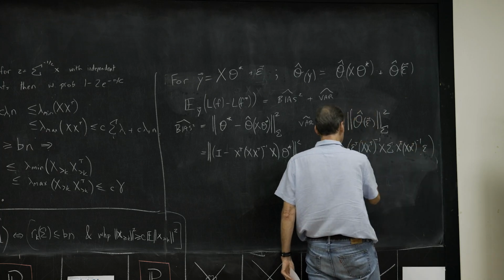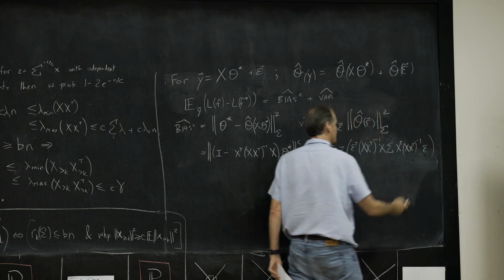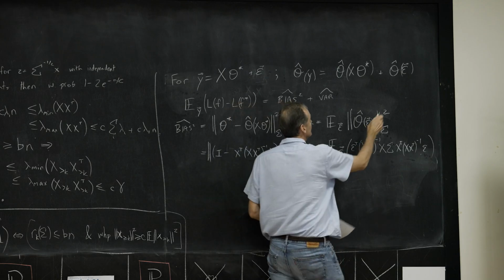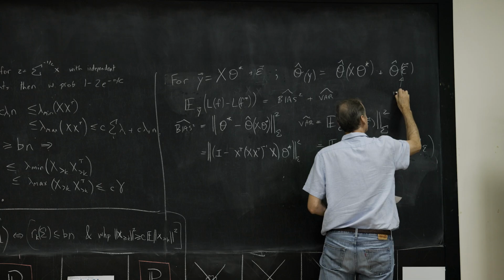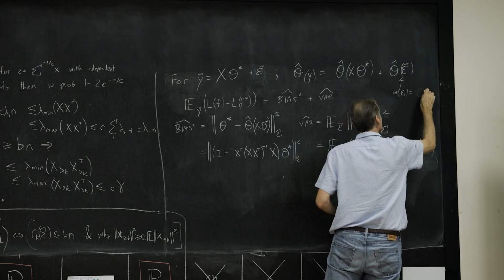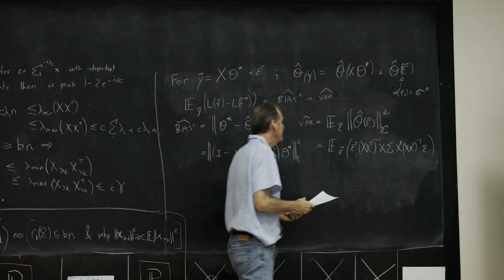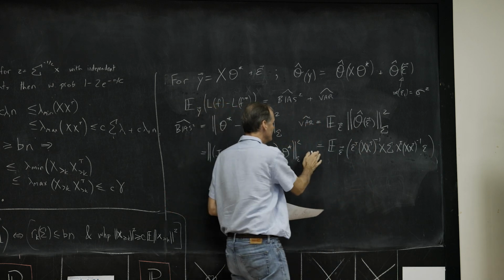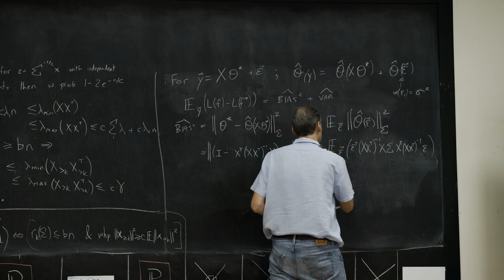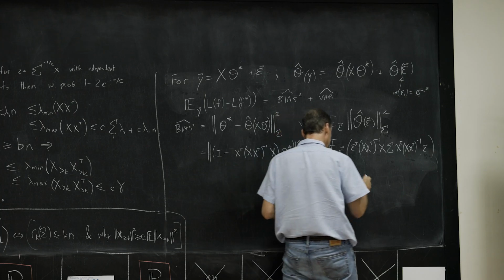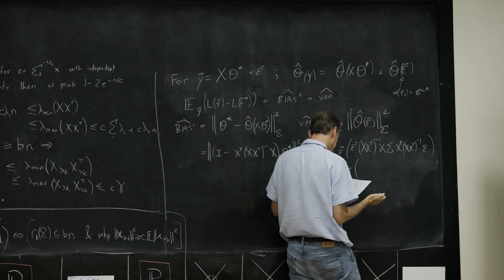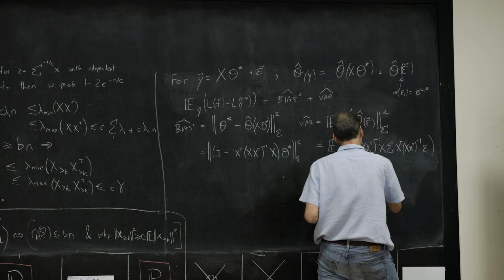That's just the expectation of epsilon epsilon transpose, which is sigma squared, the variance of the components of the noise, or maybe we have an upper bound on them of sigma squared, since we're really interested in an upper bound here. So this gives us sigma squared times the trace of what's left. I've written it in a symmetric way here, so leaving it in this order.